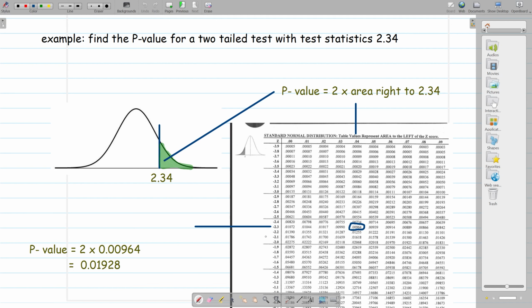If you don't understand how I got the 2.34 right side area directly from the table, look at that video. I'm reminding you again. Here, the green colored area is 0.00964. Then you can double it and take this value. So this is the p-value for that one, 0.01928.